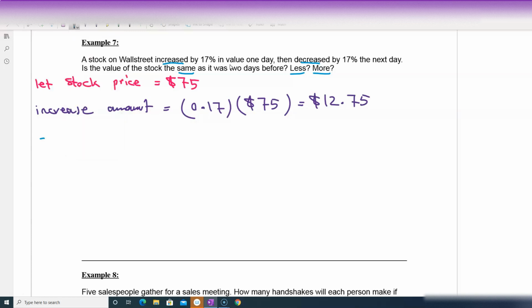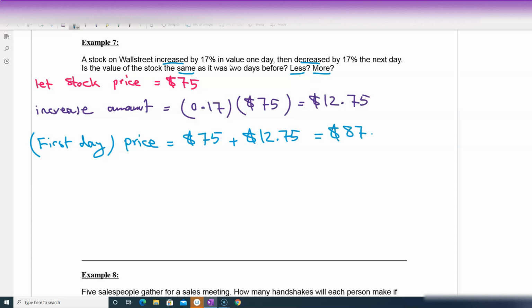So this is the first day price. We have $75 plus the increased amount, $12.75. So that is $87.75. But this is what we have after 1 day.